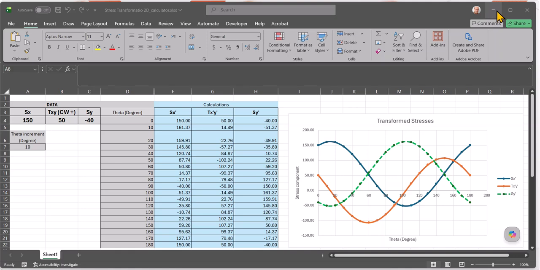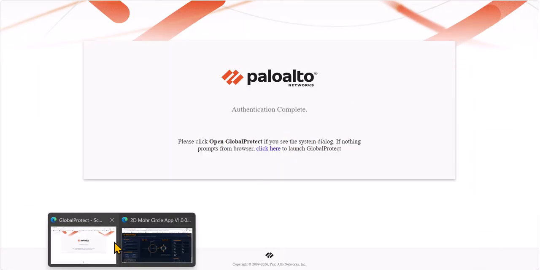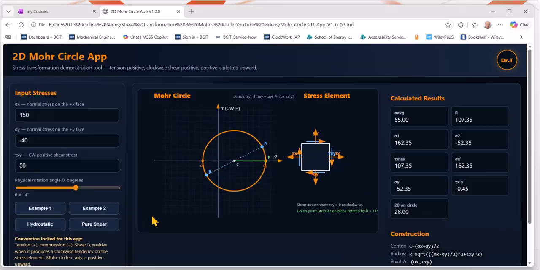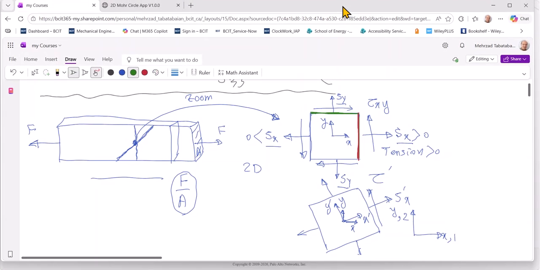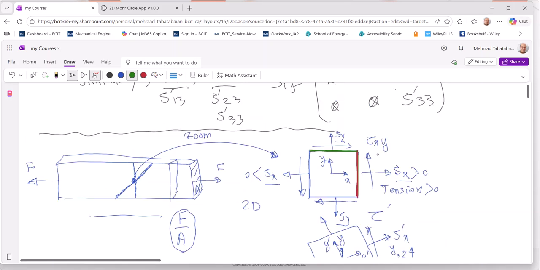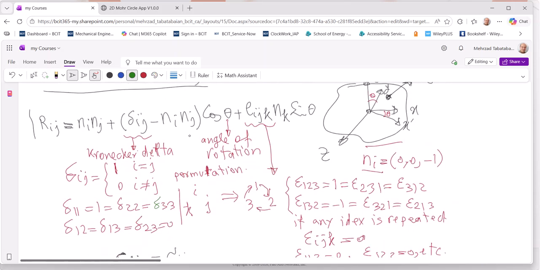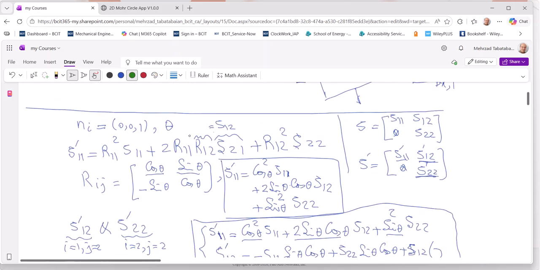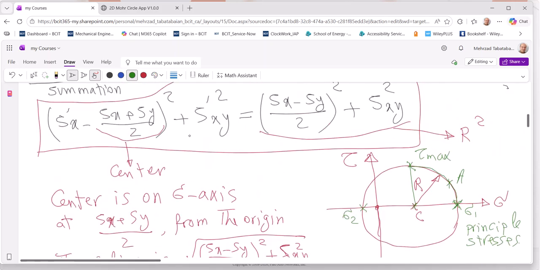So if I come back to our original slide or writings, we have done this there, and also the equation and how it relates to a Mohr circle.